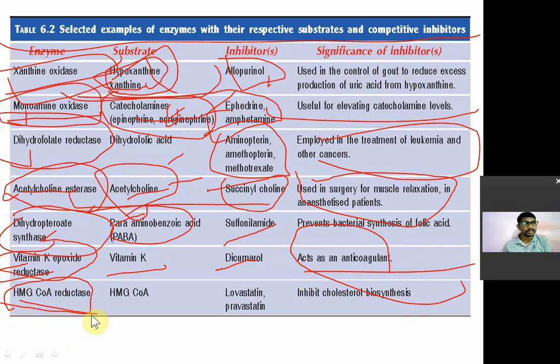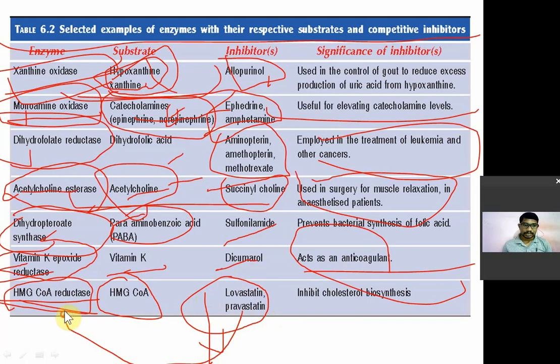It is a very important enzyme in the biosynthesis of cholesterol. ठीक है, जो कोलेस्ट्रॉल होता है बॉडी में बायोसिंथेसिस, उसके लिए एंजाइम लगता है. उसका सबस्ट्रेट क्या है? हाइड्रोक्सी मिथाइल ग्लूटारिल CoA. तो दिस इज इनहिबिटेड बाय लोवास्टैटिन, परवास्टैटिन एंड स्टैटिन्स. जो स्टैटिन्स होते हैं दे आर नोन एज एंटी हाइपरलिपिडेमिक ड्रग्स और हाइपोलिपिडेमिक ड्रग्स. दे इनहिबिट द एंजाइम HMG CoA reductase and inhibit the de novo synthesis of cholesterol or biosynthesis of cholesterol.